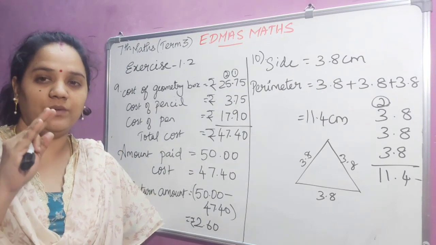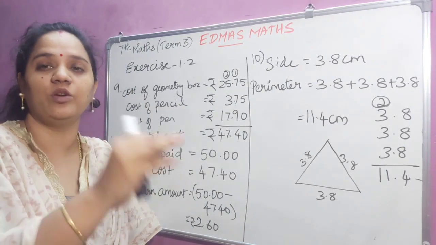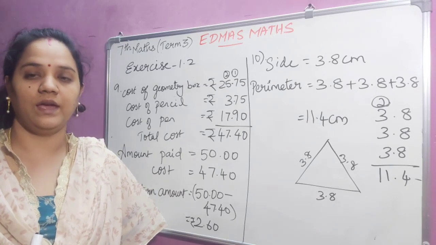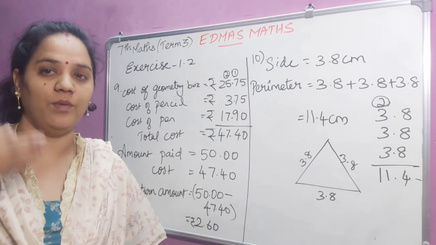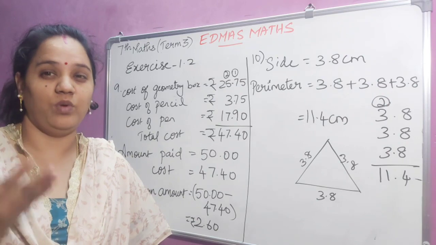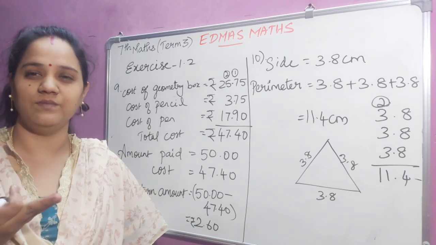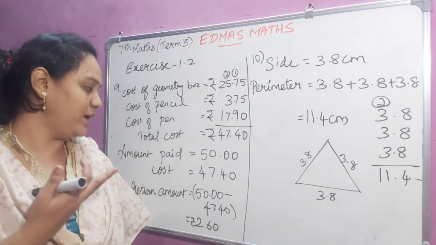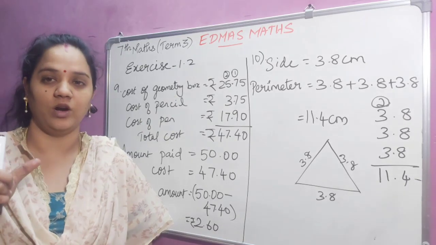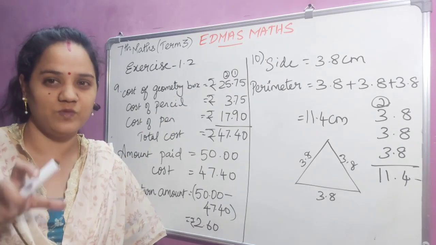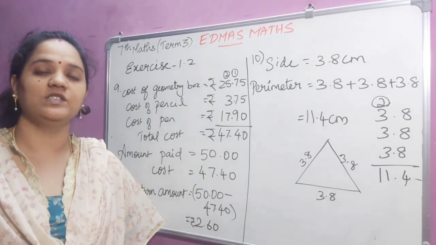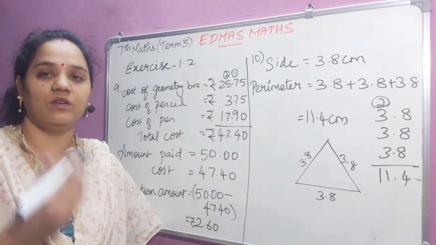After buying these 3 things, he gave 50 rupees to the shopkeeper. So we have to calculate the value of the 3 items first, and then subtract it from the amount given to the shopkeeper.